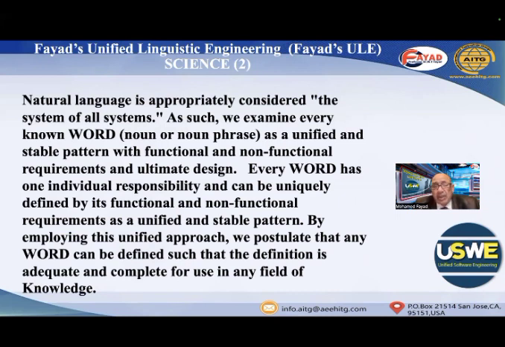As such, we examine every word, noun, or noun phrase. We have our classification here, EBTs and BOs. They apply to nouns and noun phrases. Our noun phrase would be an architecture. They're all patterns, by the way. So, as unified and stable patterns with functional and non-functional requirements and ultimate design.